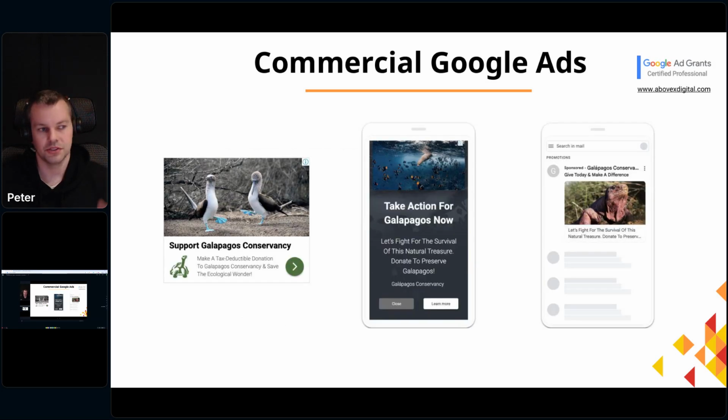And here's just an example. There's one of our clients. They're a nonprofit organization, and they've been also using commercial ads. And so you can see some of the banners that they ran. Again, you can use different formats. You can use YouTube, and everything that Google has to offer. The big advantage here is that these formats are visual.